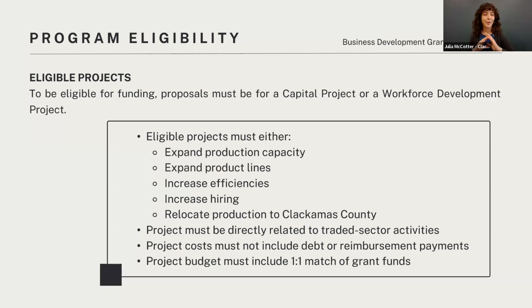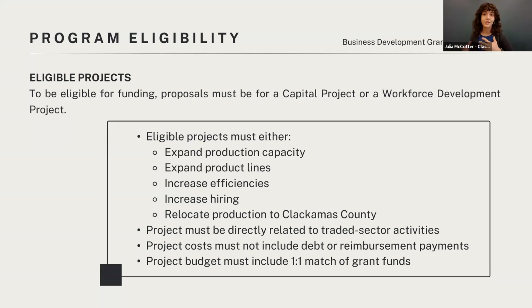You could be a perfect candidate from the business perspective for this program. You could be a long-standing manufacturing business located in the county that meets all of the other business criteria. If your project is to buy new desk chairs in the office for your accounting staff, that project is not going to get funded.